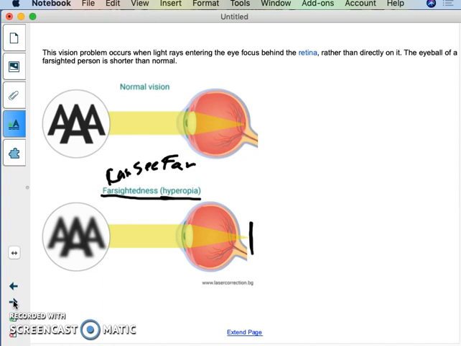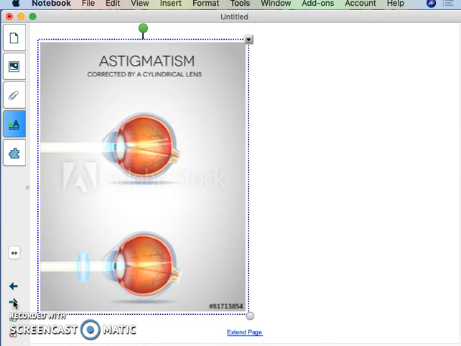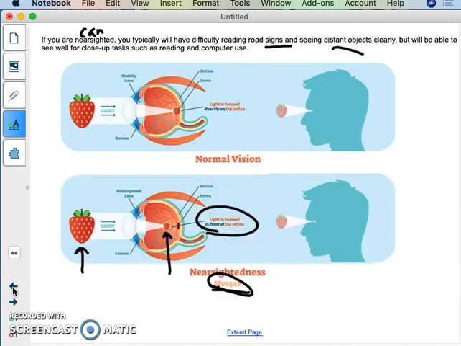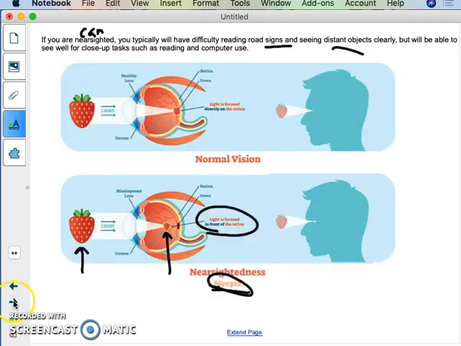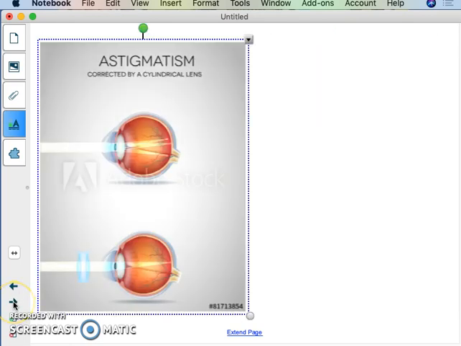Now, the next one is astigmatism. Again, remember, we need to focus on one spot. I have a really bad astigmatism. When I go to the eye doctor, they use that Snellen chart that we were looking at back here. If they take my eyeglasses off at certain distances, there's literally a blur back here, like the L, the P, the E. It's super blurry, because my cornea is all misshapen and is refracting the light in various spots.